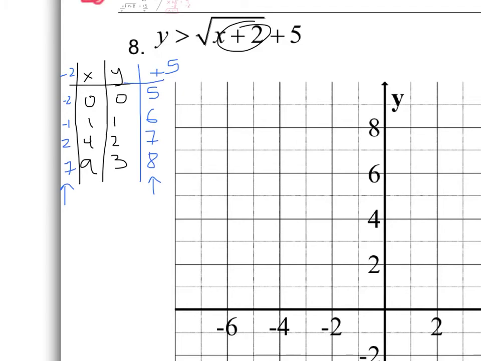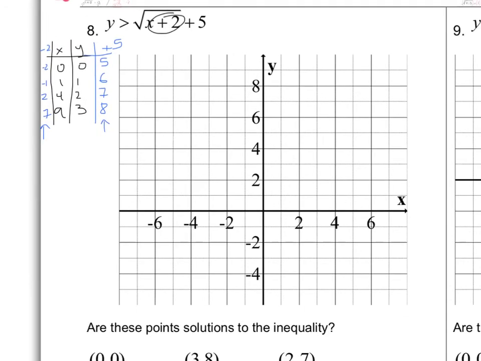Now let's graph them, so I can look at the table. As you can see, my endpoint is going to be -2, 5, and my table shows that too. So -2, 5, -1, 6, 2, 7, and 7, 8. Sorry for the scratch.